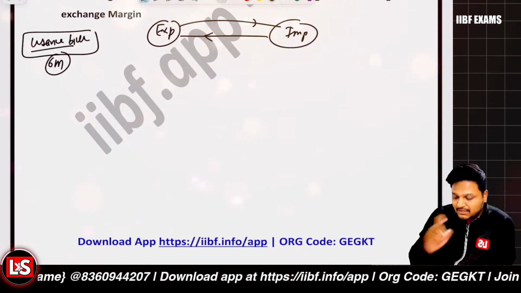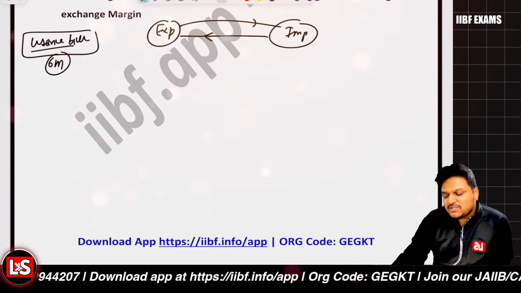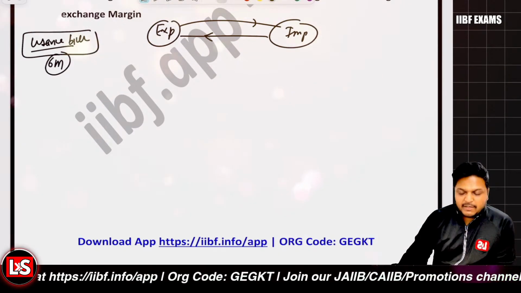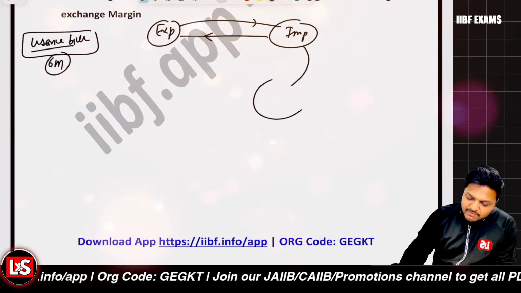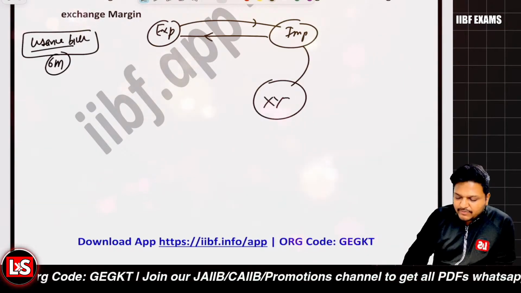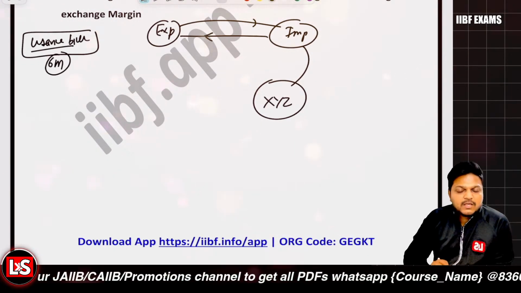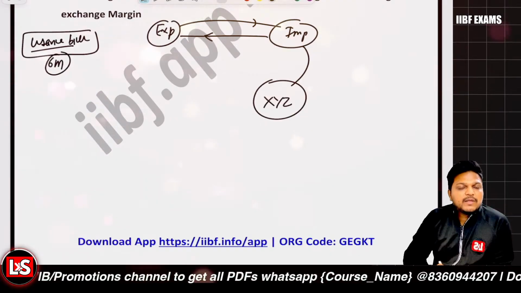But the importer arranged the payment just after 2 months and asked for making a payment. So the importer connected with its bank, let's say XYZ bank, and said that I want to make the payment to the exporter. This process is said to be the retirement of the bill.